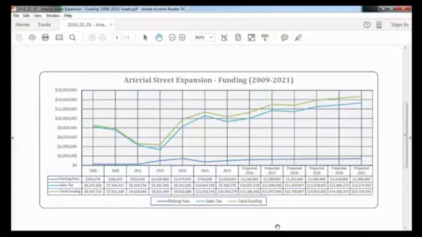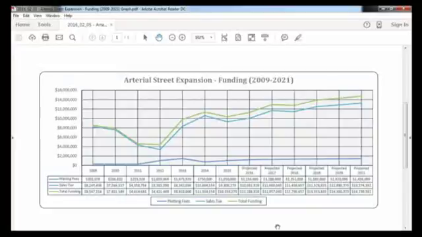A lot of communities use an impact fee, charged at the time of building permit. We're one of the few communities that use platting fees, but in my opinion, and after talking to a lot of people in the community, they think platting fees work.